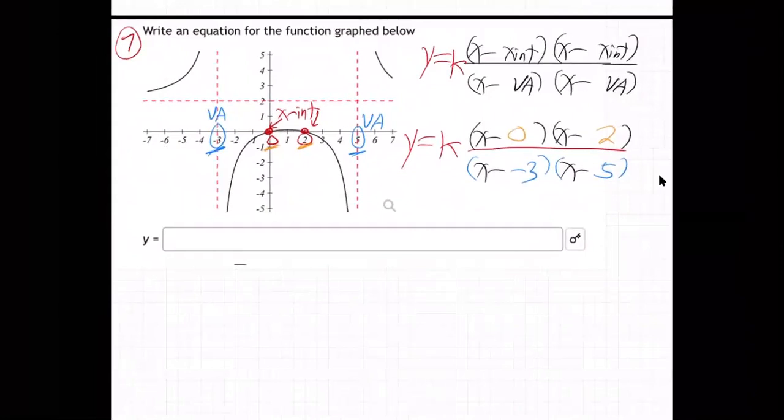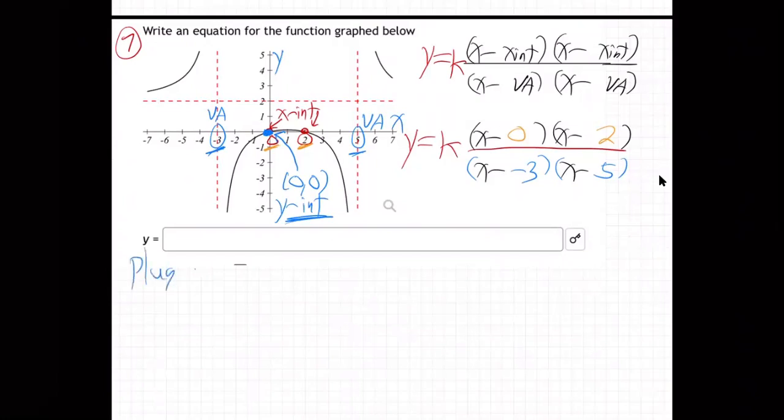Well, the y-intercept is this point, which is also the x-intercept. 0, 0 is both. That's the point where the graph hits both the y-axis and the x-axis, right at the origin, right in the middle.